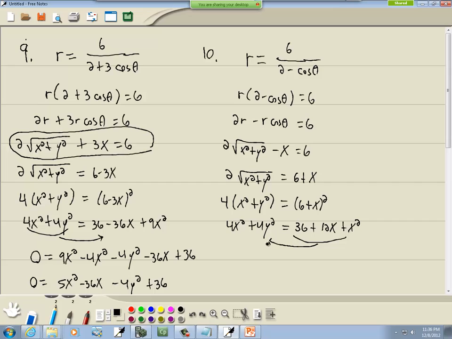And take those over here. So we get 4x squared minus x squared plus 4y squared plus 12x. Actually, I'll leave 36 over there, which gives us 3x squared, and I could put the 12x. Now this would work out nice. Plus 4y squared equals 36.